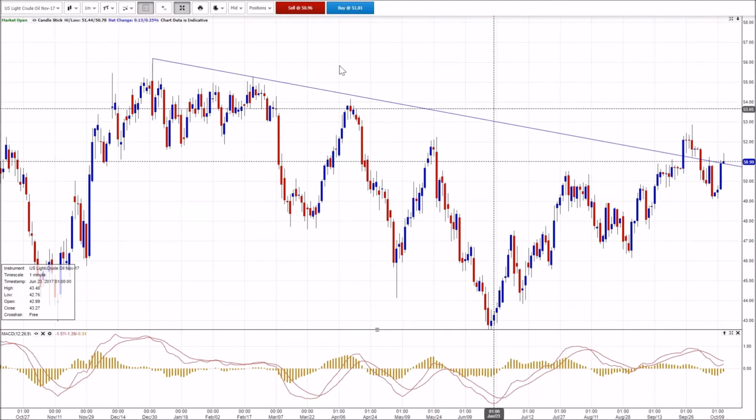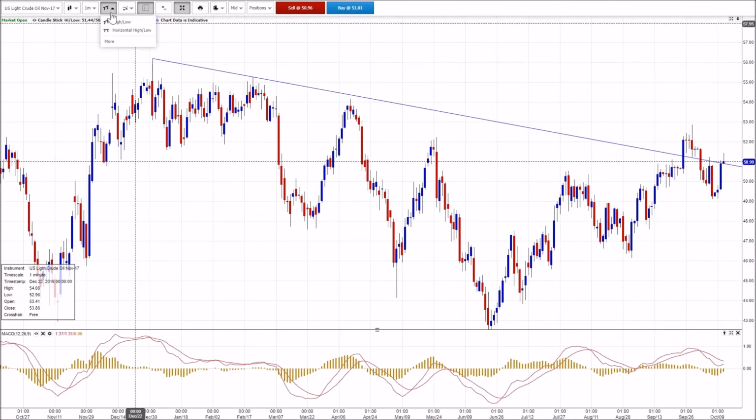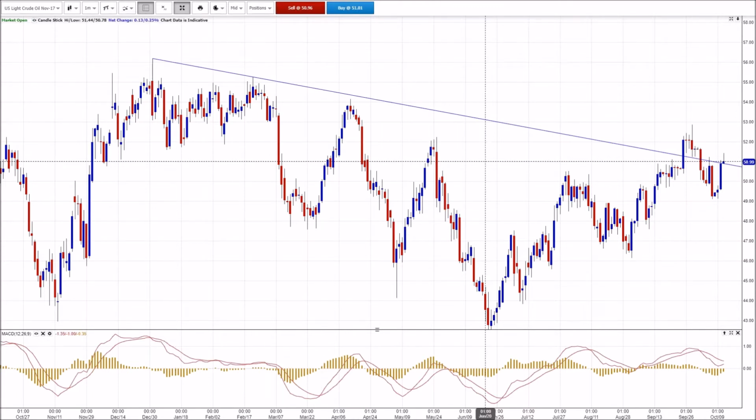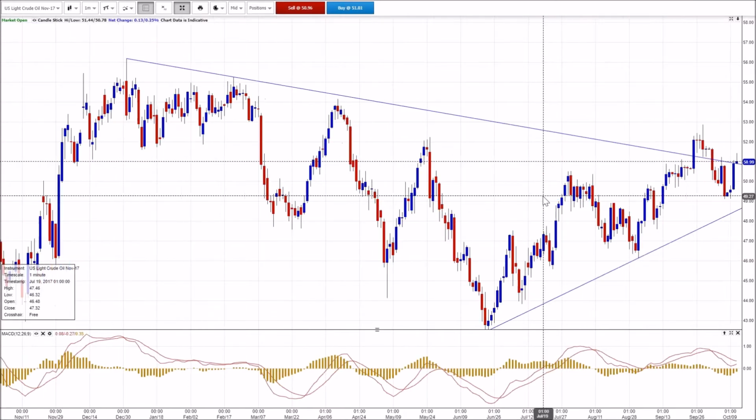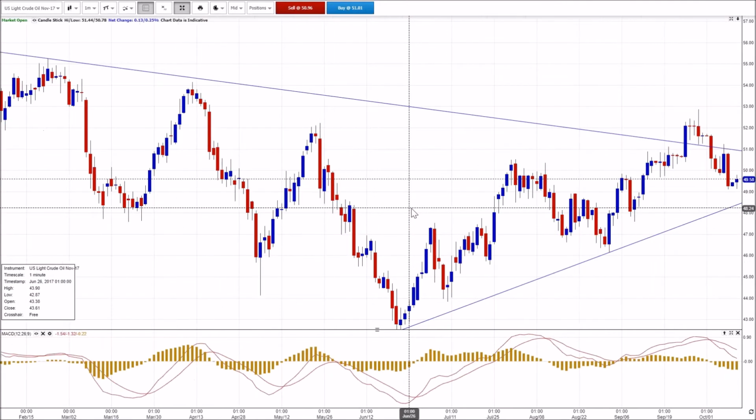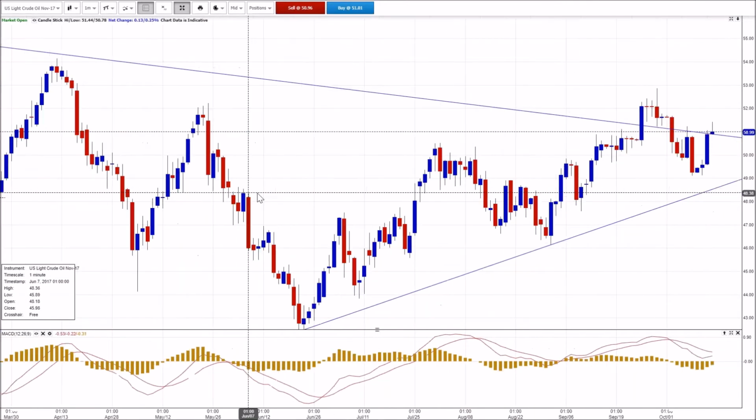So it does suggest that the bias for this year has shifted from one of selling rallies to buying the dips, and that's borne out by the trend that's been in place since June. For me, that's the dominant trend.